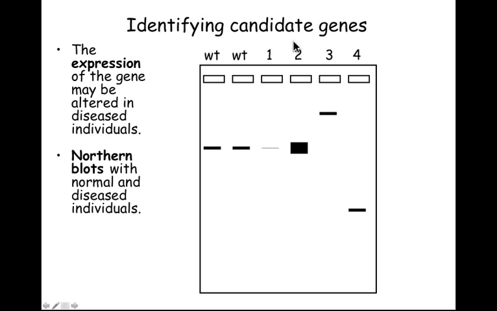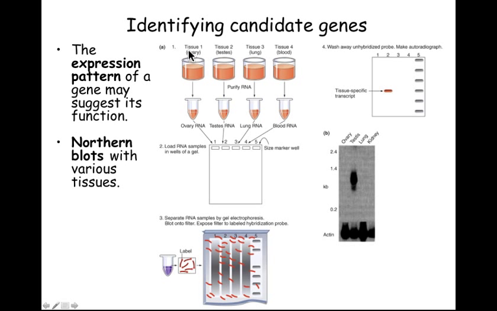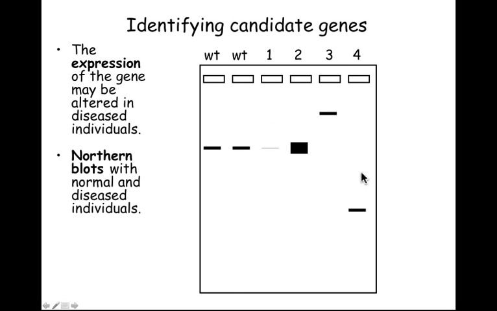So just to go with this northern blot idea for a second. You can get a lot of information out of northern blots. What I just showed you before was trying this with different tissues, and this would tell you in what tissue this particular gene was expressed. You could also do northern blots with wild-type individuals and individuals which show the disease that you're interested in, say mutants 1, 2, 3, and 4.